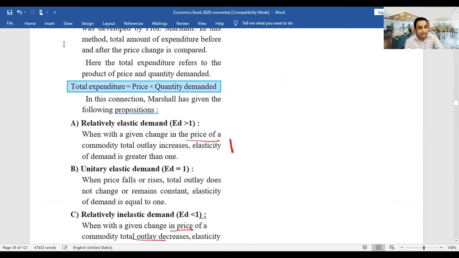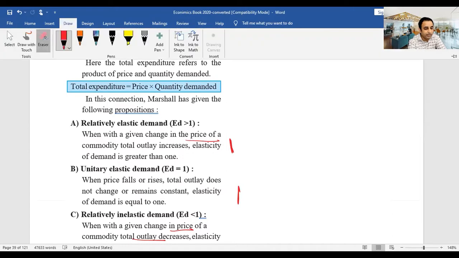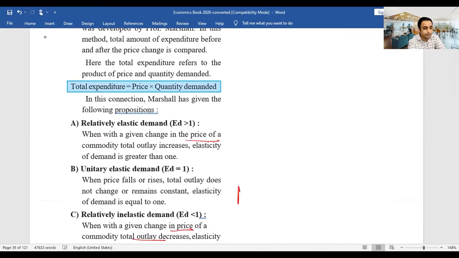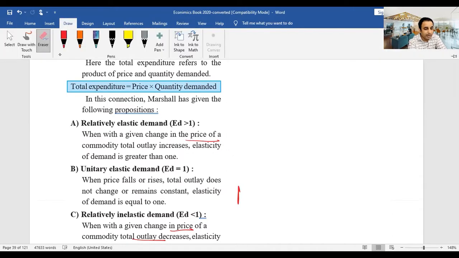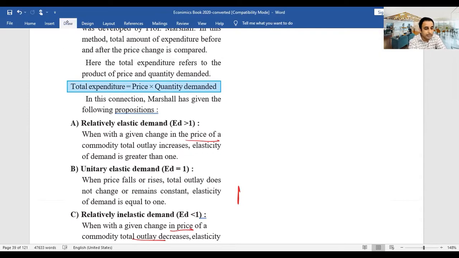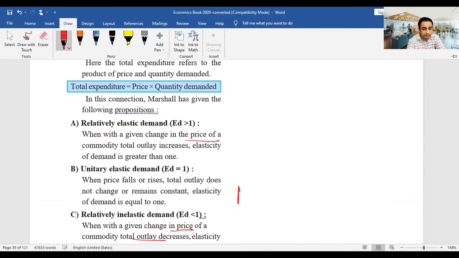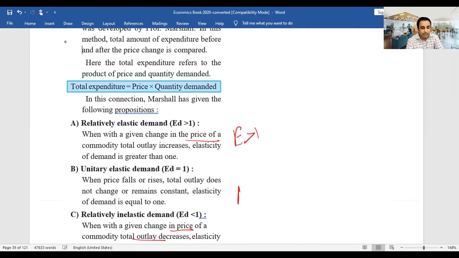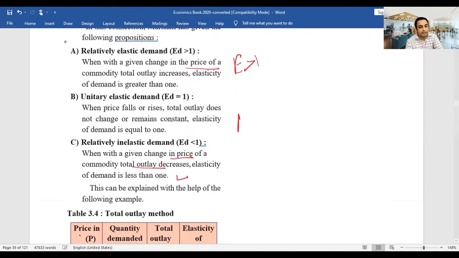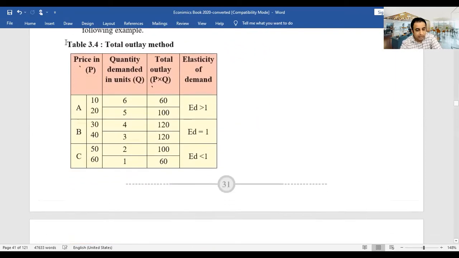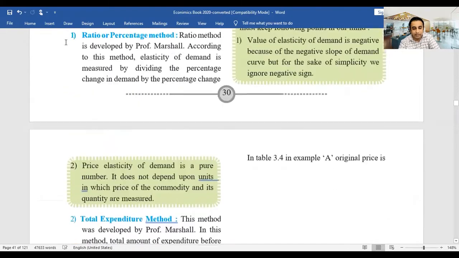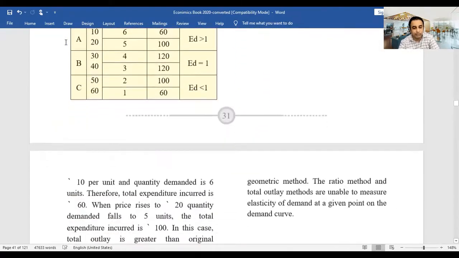If total outlay increases with the change in price, then the elasticity will be greater than 1. And if the total outlay decreases with the change in price, elasticity will be less than 1. The schedule is given here in the textbook, which you can refer later.